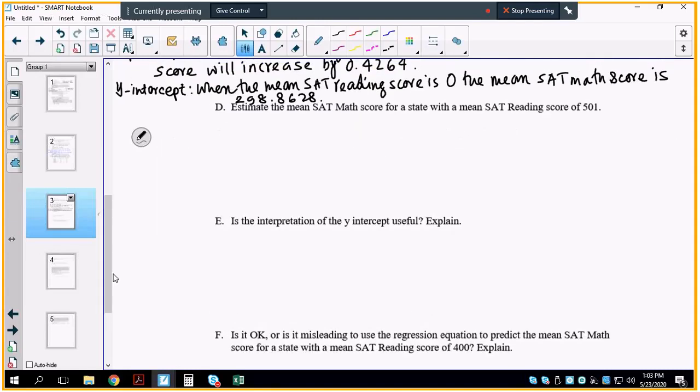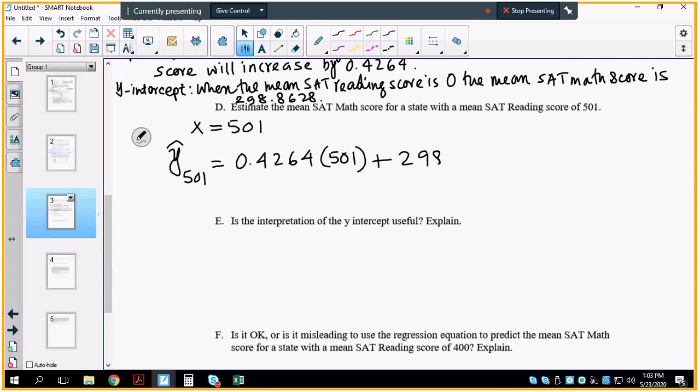Estimate the mean SAT math score for a state with a mean SAT reading score of 501. So the mean SAT reading score is your x. X is equal to 501, and you are predicting the mean SAT math score at 501. So what I do is the slope 0.4264 times 501 plus 298.8628, the y-intercept.